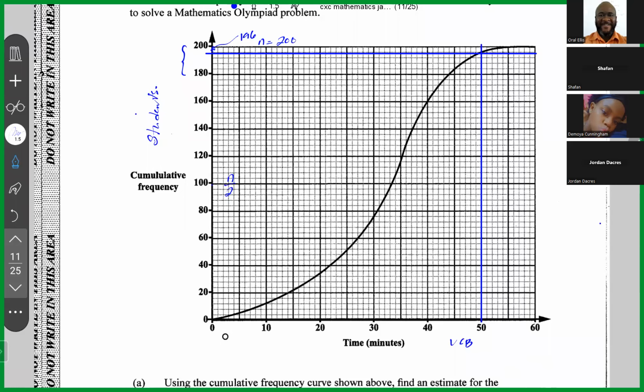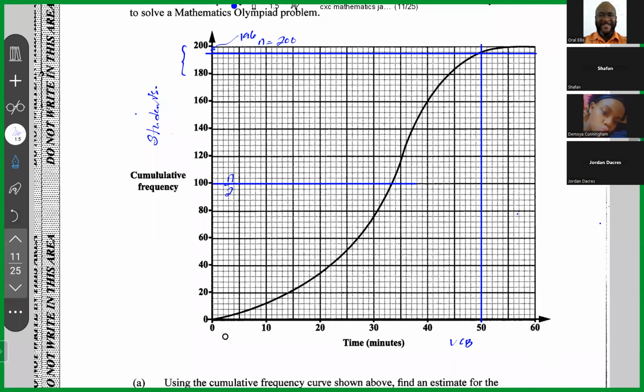At 100, I'm going to draw a horizontal line across. And what I want to note is where that line meets the curve. And where it meets the curve, I'm going to draw a vertical line downwards. So I draw my vertical line downwards here.